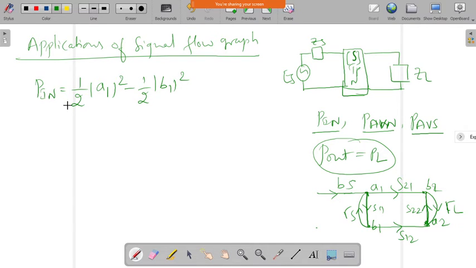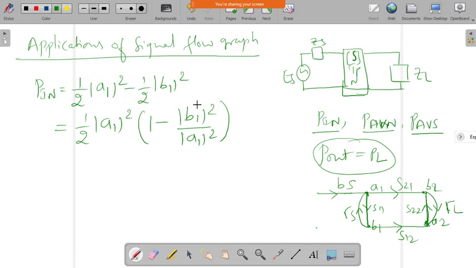If I take A1 square common, we get B1 square divided by A1 square, which we can write as gamma in, the input reflection coefficient. We have already defined it, and it is nothing but S11.